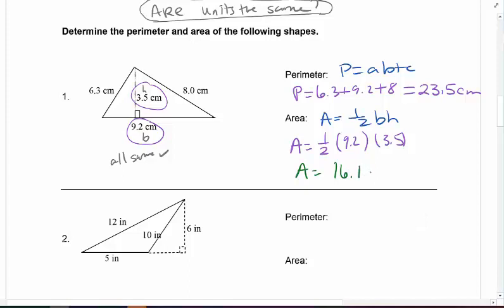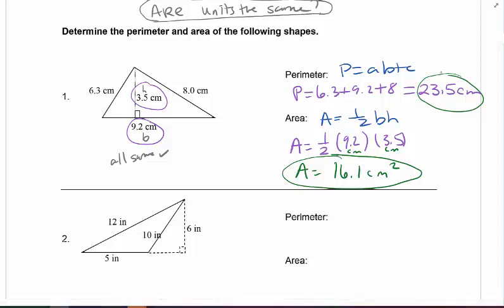If it doesn't say otherwise, it wants you to use exact answers, which means keep everything. Area is squared units because we multiplied centimeters times centimeters. Perimeter is always single units because we're just adding them up. Area is squared units. It's two-dimensional.